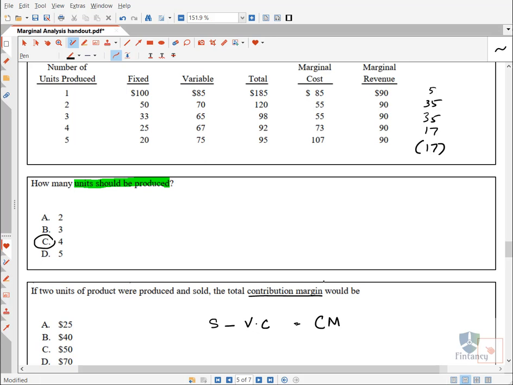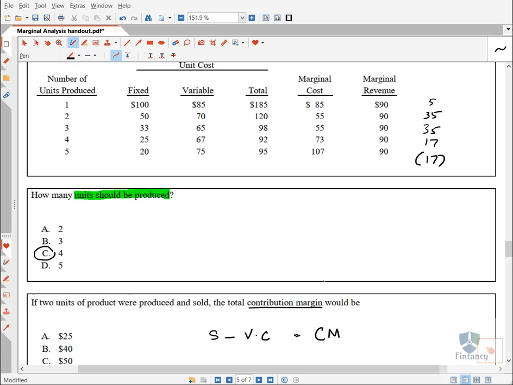Some people have already mentioned the answer. So my friends, if I am making 2 units, how much is my revenue? 90 is per unit. So when I make 2 units, how much revenue will I get?